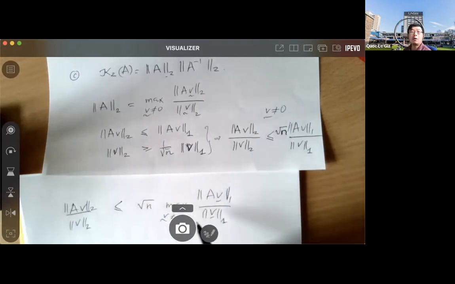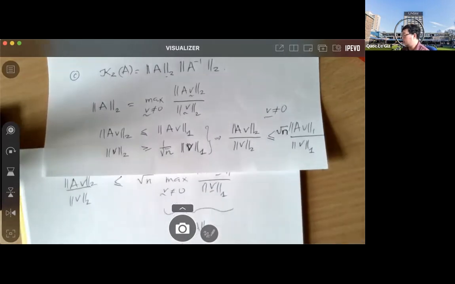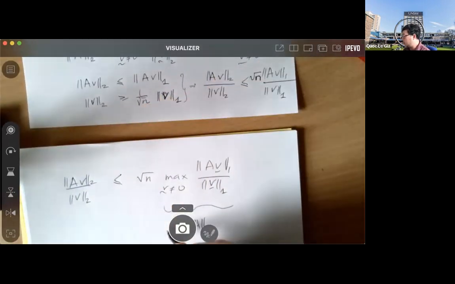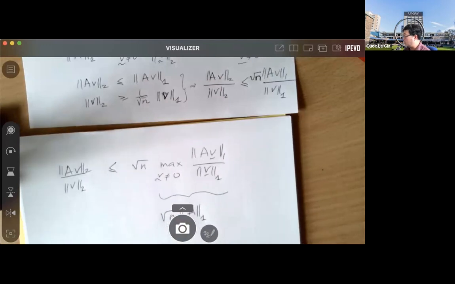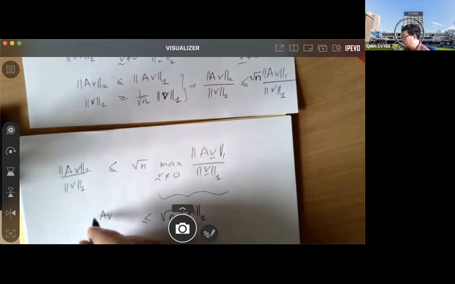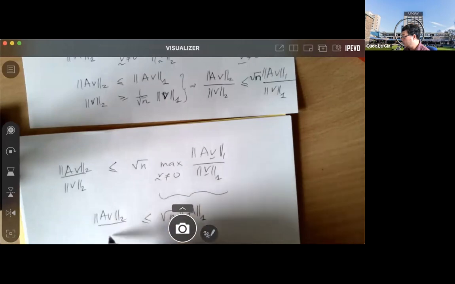Then you take the maximal of the right hand side, and this is nothing but the one norm of the matrix. Remember the definition? So this is just the one norm of the matrix A, times square root n. Then you have the two norm of AV over V like this.